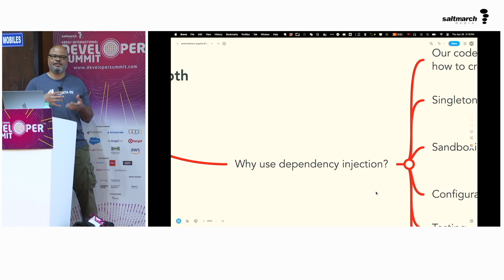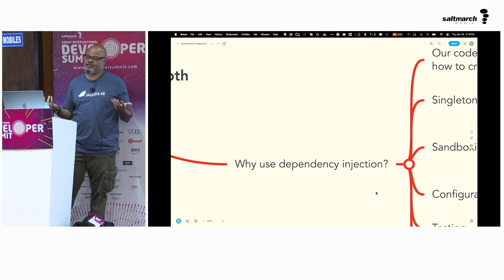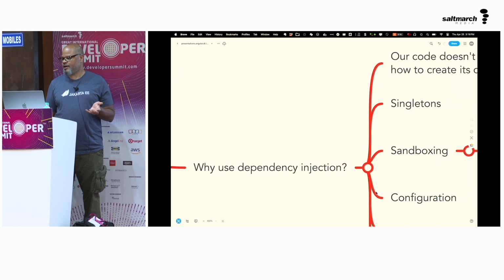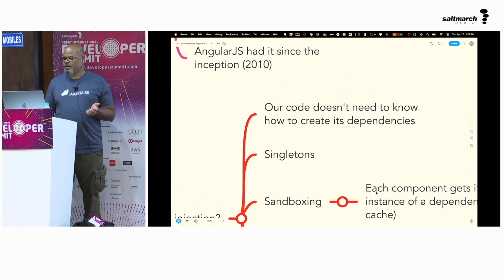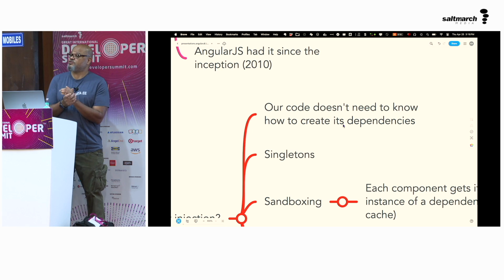So the idea is to allow the framework to do that work for you, to keep track of what depends on what, and create objects for you and save you some time. That's basically the idea. And the ways it can help you in an Angular app: obviously your code doesn't have to know how to create other objects, like we talked about. Also, it makes it easy to do singletons, right?